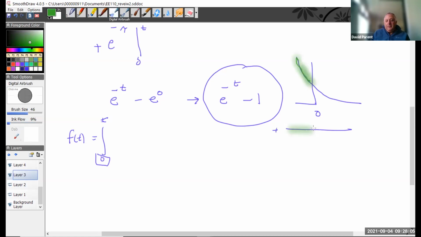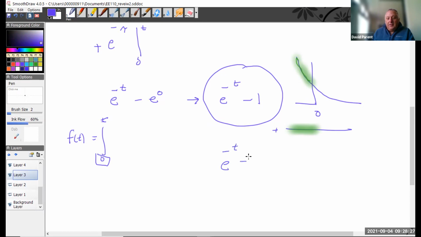I need to force this to 0 before time equals 0. And again, you have to know to do this. The book makes it seem like there are rules about it, but the rule is you've got to remember to do it.